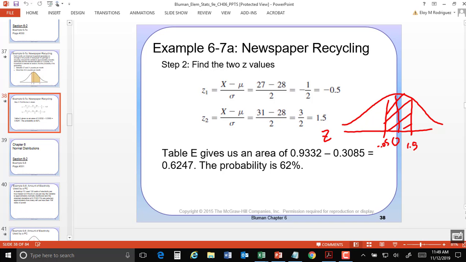So if I'm asking what is the probability that the random variable x is greater than or equal to 27 and less than or equal to 31, the probability of somebody falling in that is, in fact, 0.6247. See it? That's this area subtracted from the other area. Okay, good. Then we can go on.